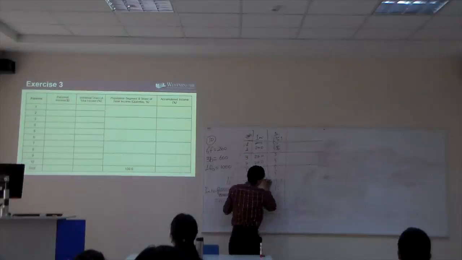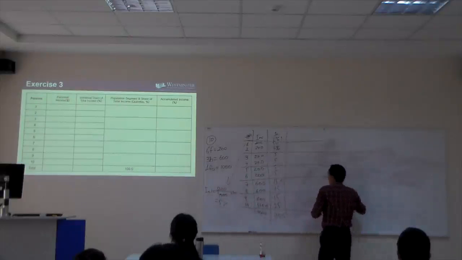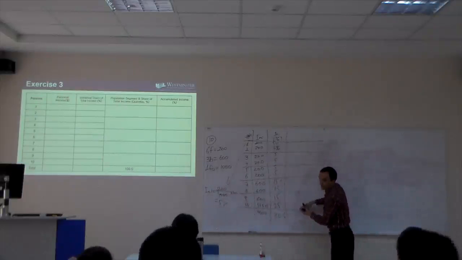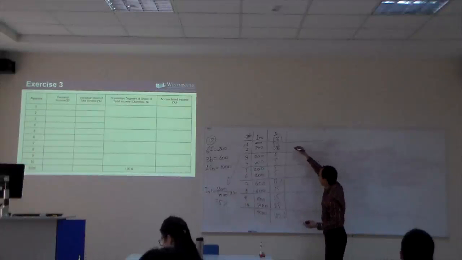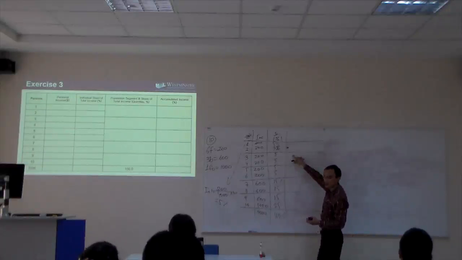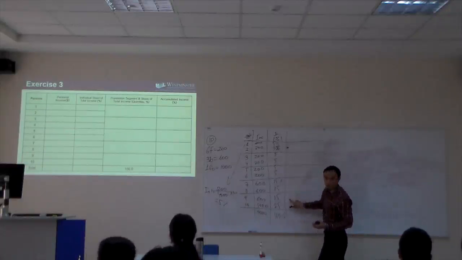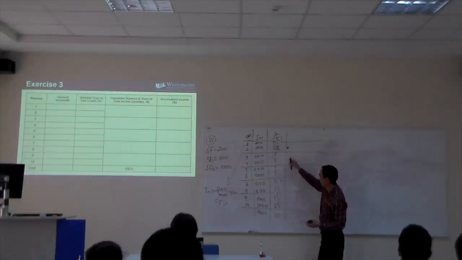First 2, second 2, third 2, fourth 2, and 2. Which we call quintiles. Now, this first group makes 20% of the total population. The second one makes 20%, and so on. 20% of the population each.